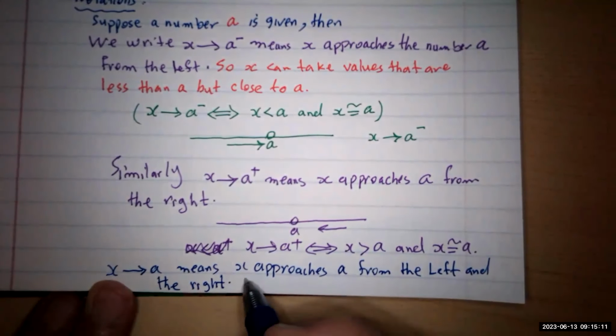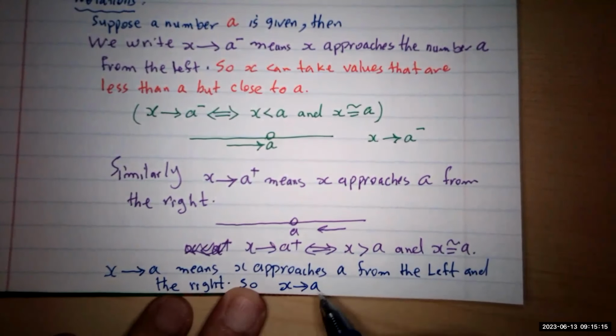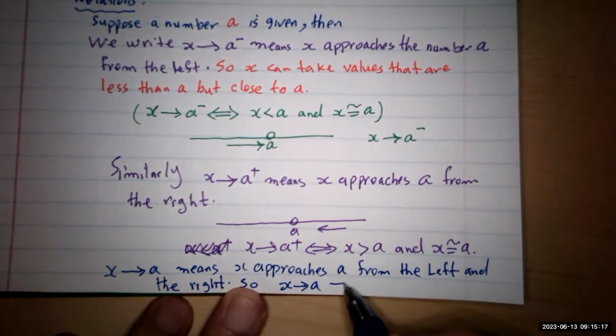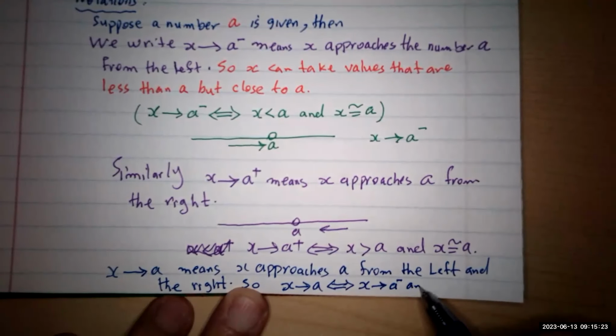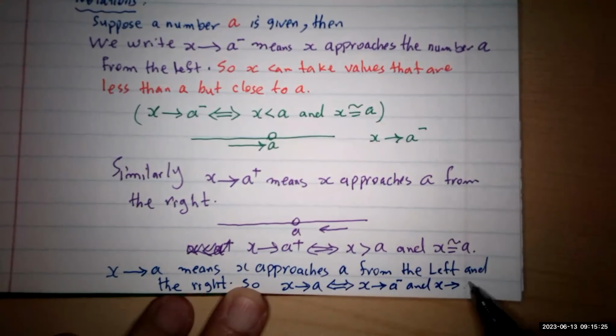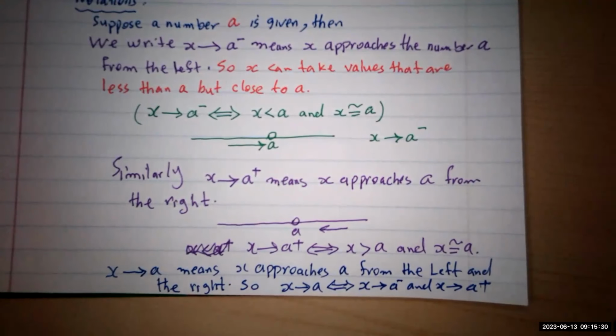So basically if they write X goes to A, you have to check both of them. This means if and only if X goes to A negative from the left and X goes to A positive. That will help us quite a lot to be able to continue.